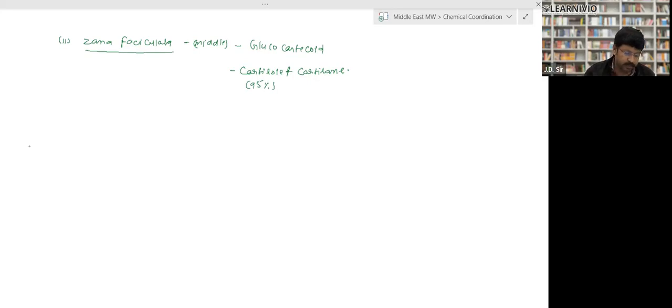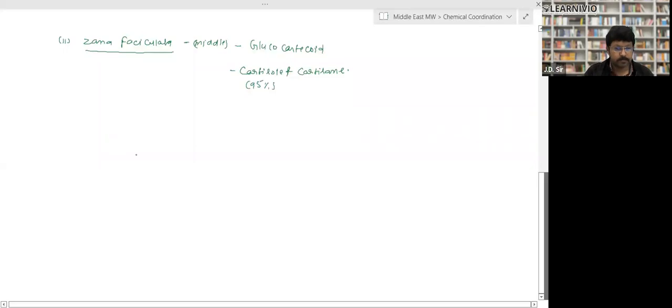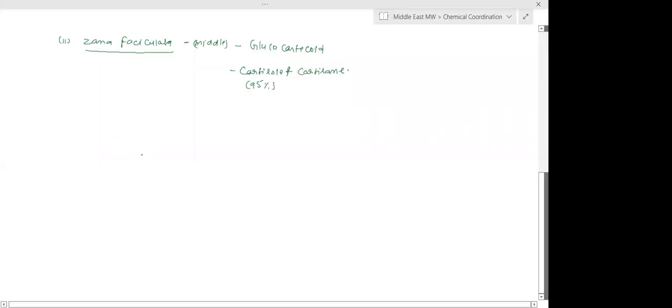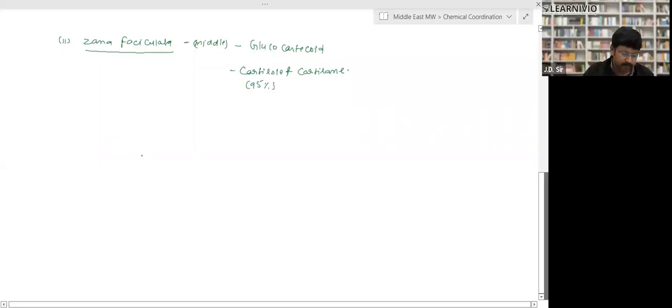It stimulates the liver. Sir, can you repeat for abundant? It is the most abundant, that is 95% of all glucocorticoid. Let's stop.